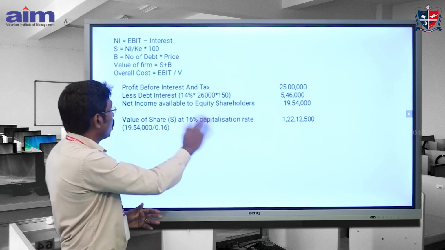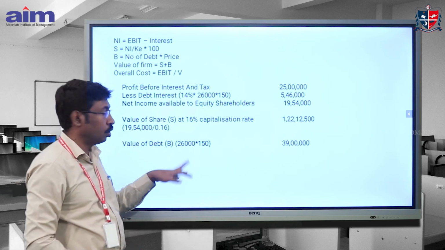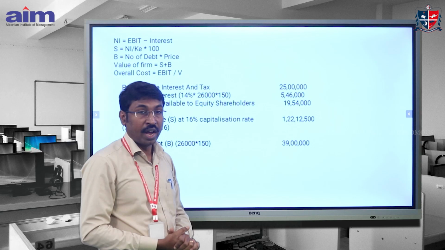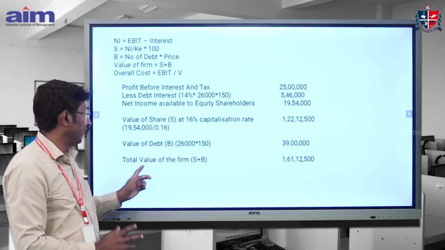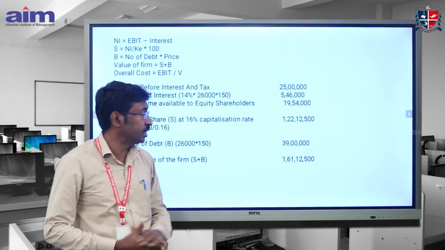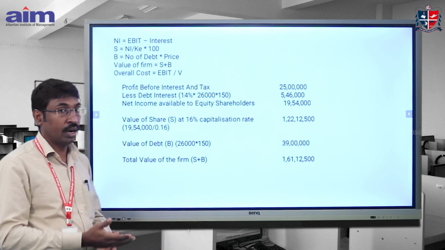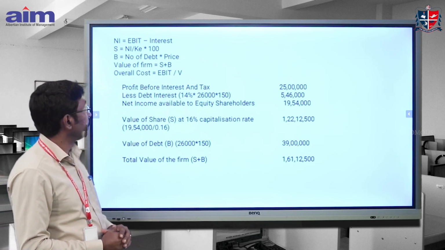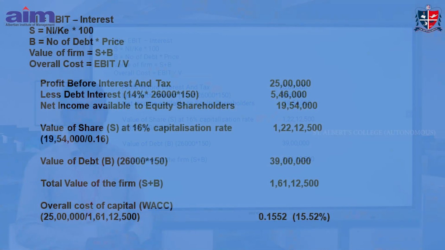Value of debt is already there because debentures are given. Value of debt is equal to number of debentures into market price of debenture. You will get value of debt. So if you take the total, you will get value of firm. Value of firm is equal to 1 crore 61 lakh 12,500. This is the value of the firm. If you want to calculate KO, the formula is EBIT divided by V. EBIT is 25 lakhs and V is 1 crore 61 lakh 12,500.